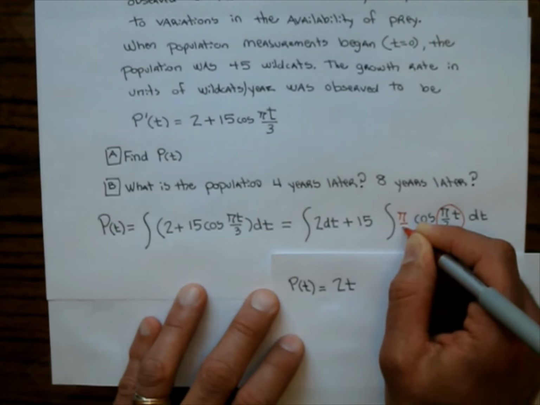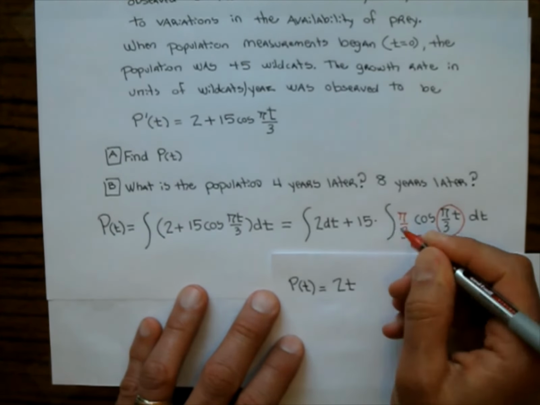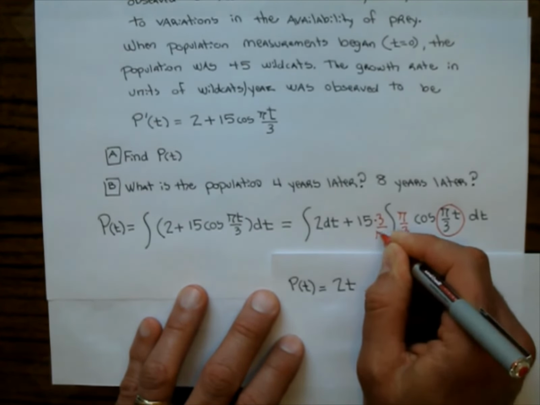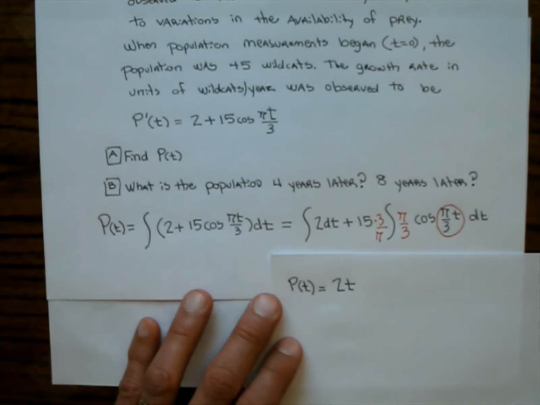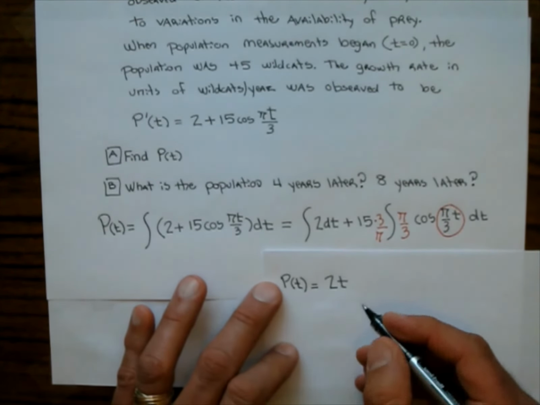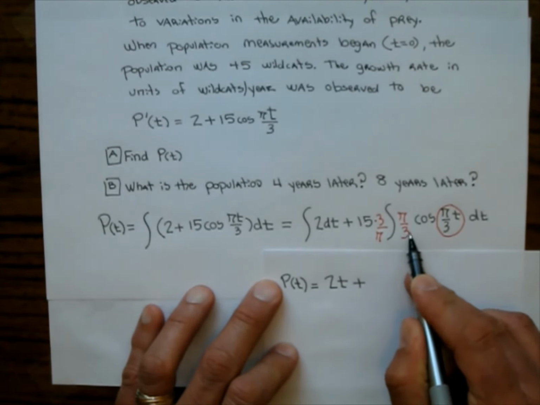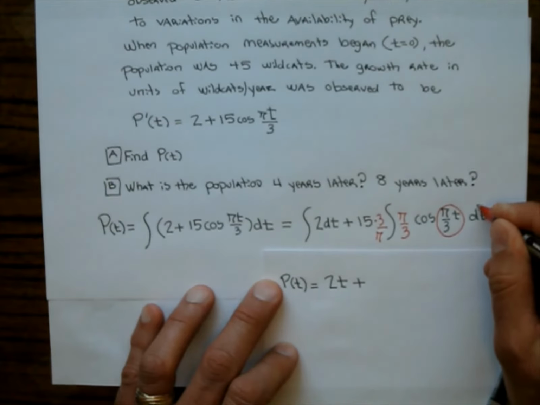This is me doing the u substitution. But I can't just go around doing that. I have to balance the books by putting maybe one out here. So it's going to say 3 over pi. And the u substitution is really reverse chain rule. So I'm going to write this as, that means the pi over 3 on the inside is going to disappear with the dt.